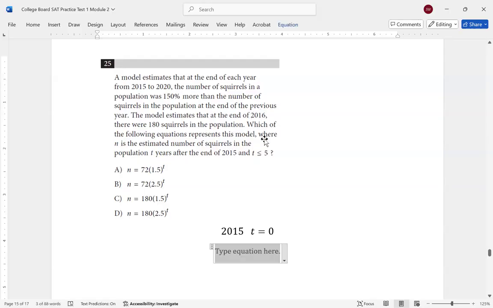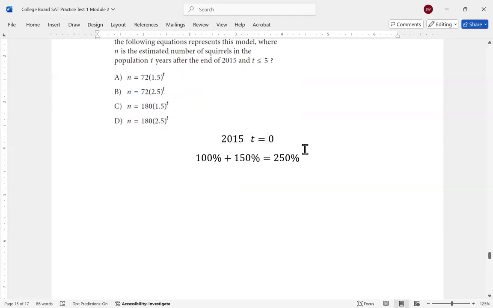Remember, more means we're going to start at 100% and then add on 150% more, which is plus 150%. So we're getting a growth rate of 250%. And that means our base is going to be 2.5.